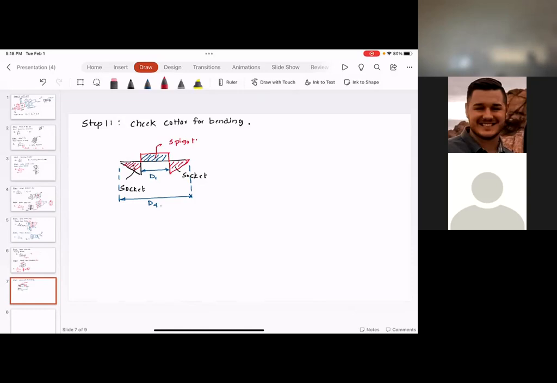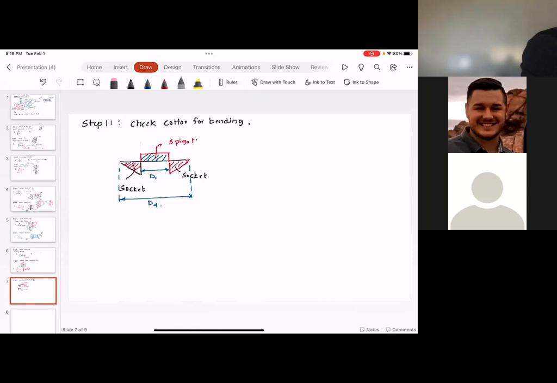The spigot is holding onto the center portion of the cotter. So it is assumed that the spigot is applying the load uniformly distributed at the center section, and the socket is applying the load which is uniformly varying on either side of the cotter. That's why you have a triangular distribution on the left, triangular distribution on the right, and the rectangular distribution at center.